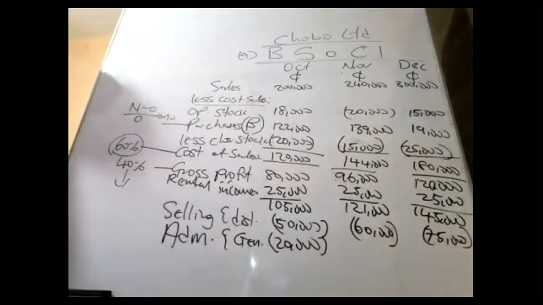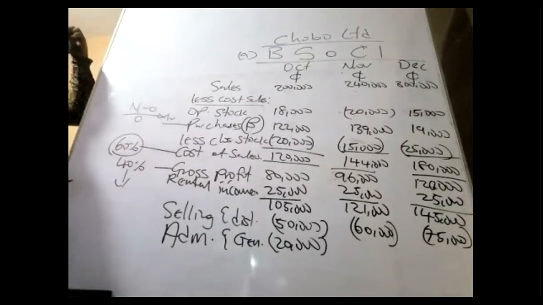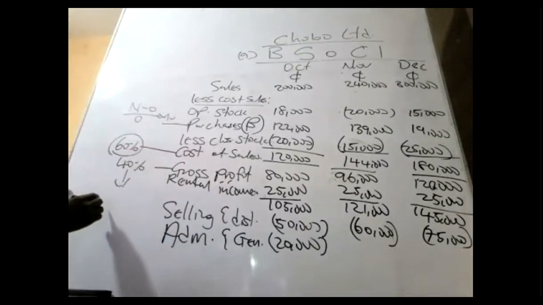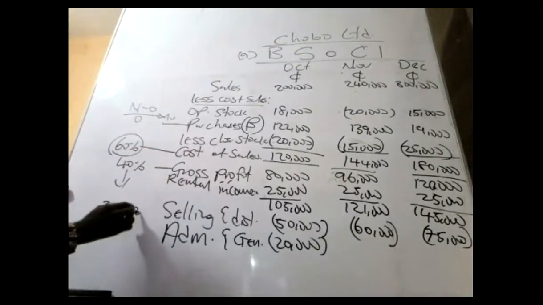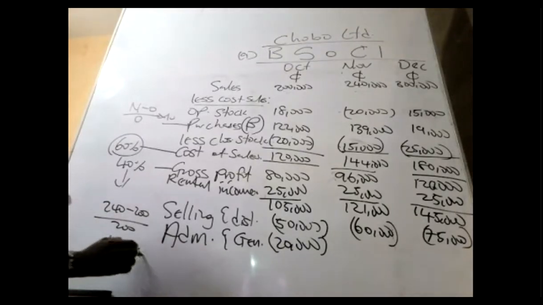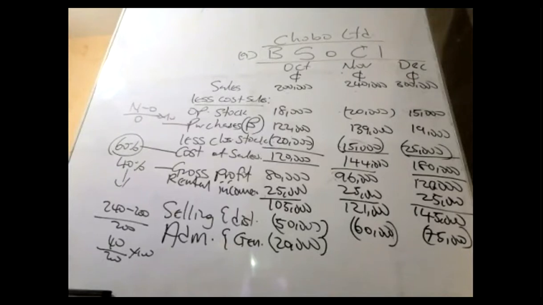When you are done, I'll give you a shortcut. So it will be a 25% increase, right? Now it will be 240 minus 200, all divided by 200. So that will be 40 over 200 times 100. So what's the percentage increase?